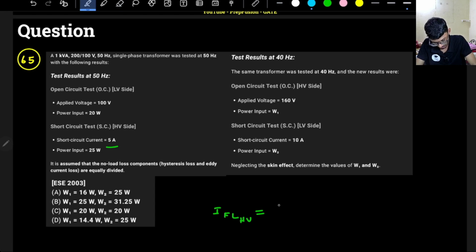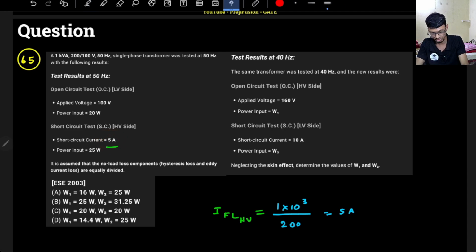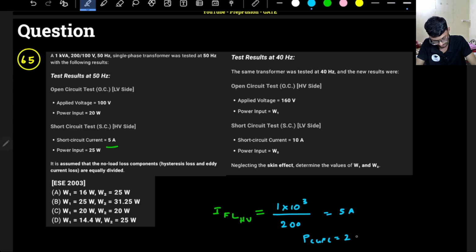The full load current will be 1 into 10 cube divided by the kVA rating divided by the voltage in the high voltage side, 200. So cancelling 10 by 2, this is 5 amperes. So actually here I am applying the full load short circuit current only. So PCUFL is actually 25 watts.